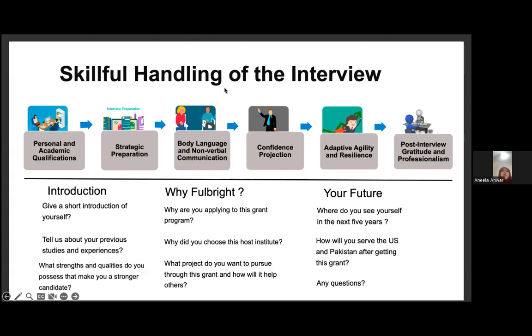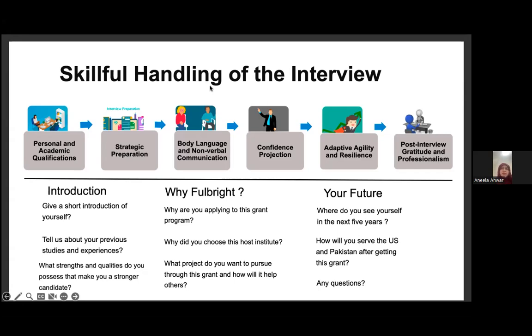And for me, positivity matters a lot, so you need to take care of that as well. Clarity, objective, and significance of the research proposal you have submitted are very important. For strategic preparation, you have to have an idea of each and every step of your research proposal, the scientific equipment you are going to use, and the collaborative efforts between you and other universities inside Pakistan.